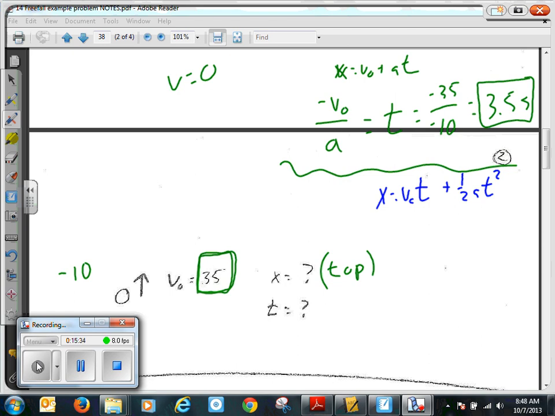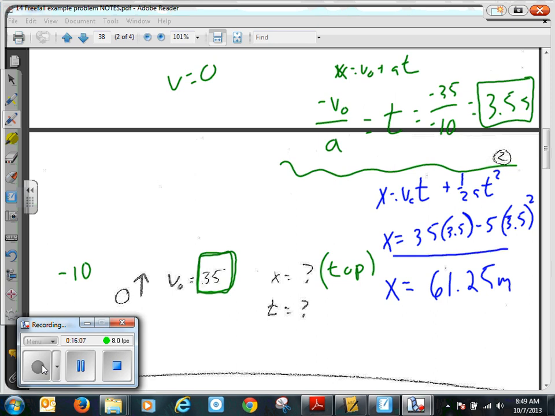This part right here can then be done as, I'm going to show you two ways to do this formula. x equals v sub naught, so it's 35 times 3.5 plus, or I'm just going to put negative right away because I know acceleration is negative and I'm running out of board space. Okay, negative 5 times 3.5 squared. Okay, what do you get for a displacement? Okay, 61.25 is the correct answer.